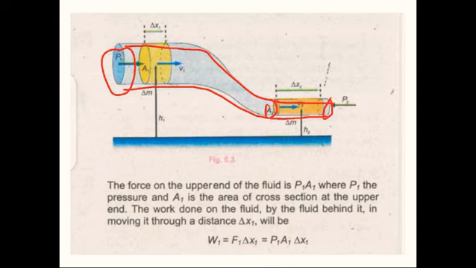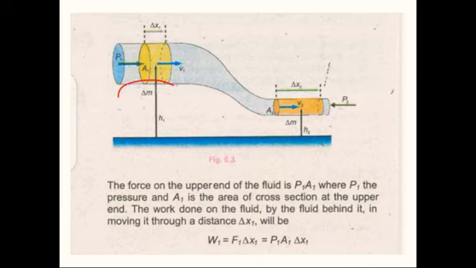The length of the upper end is represented by delta x1, and always remember this delta x1 is the length which we have taken under consideration. The speed of the liquid passing through this delta x1 through area A1 is represented by V1, and the amount of fluid which we have taken is delta m, the mass. The same parameters apply to the lower end, which is narrow.